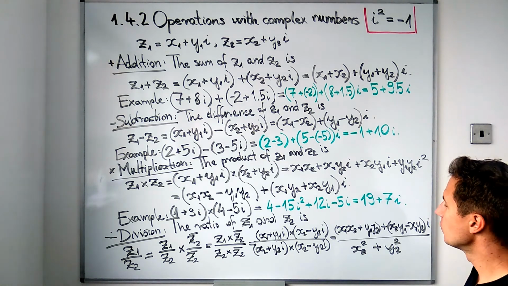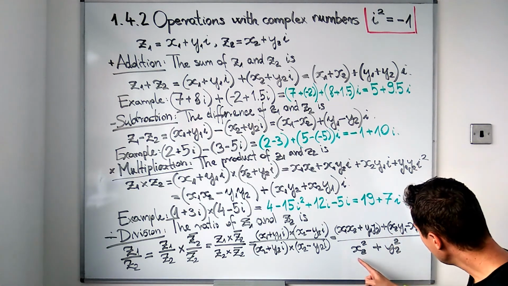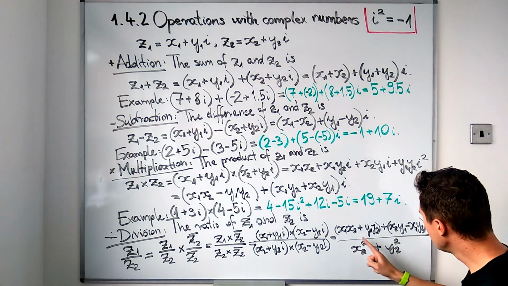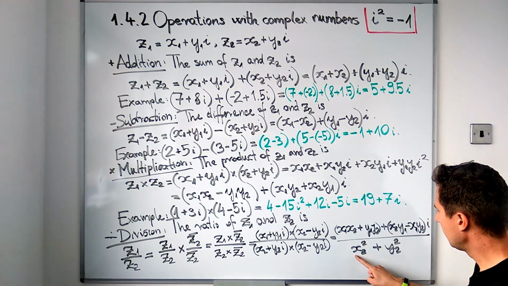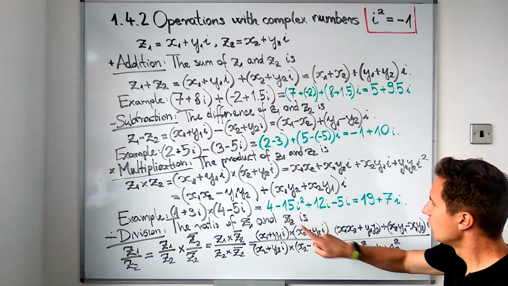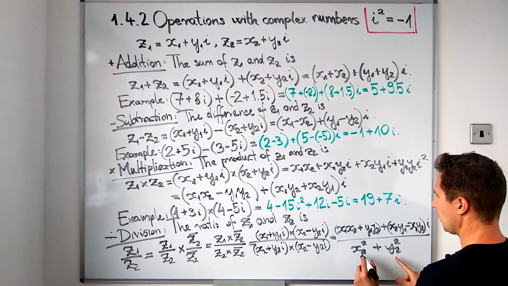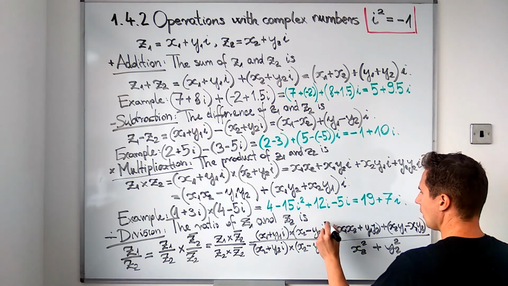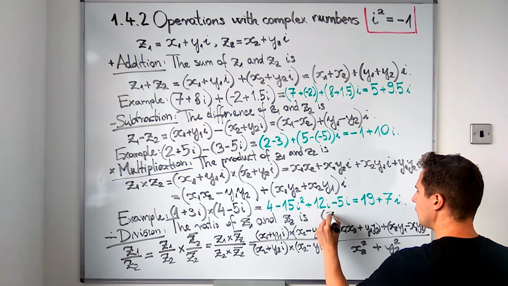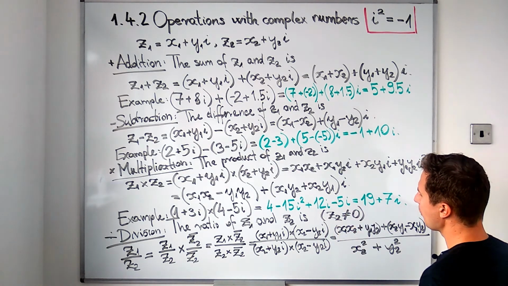At this point, I should also note that we are dividing by a real number, but we shouldn't be dividing by 0, and this expression is 0 only if z2 is 0. So we should say that z2 is something other than 0.